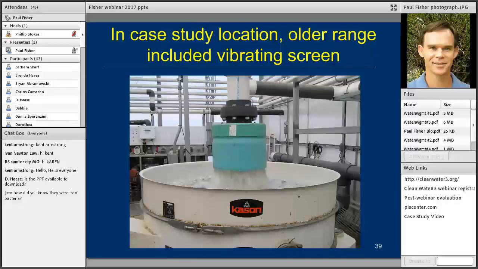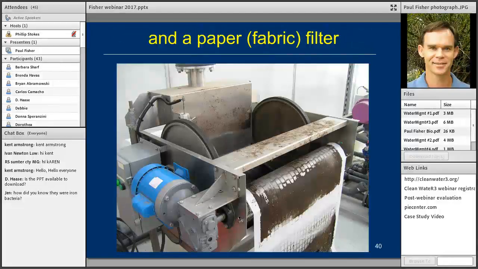In the case study location, the older range included a vibrating screen filter. And so there's a metal screen which is moving very rapidly back and forth, and it pushes out to the edge all of the particles that are going through. And they also used a paper or fabric filter, and here the water passes through the filter, and as the paper, which filters out the particles, gets clogged, the water level rises inside the filter and the paper indexes forward.